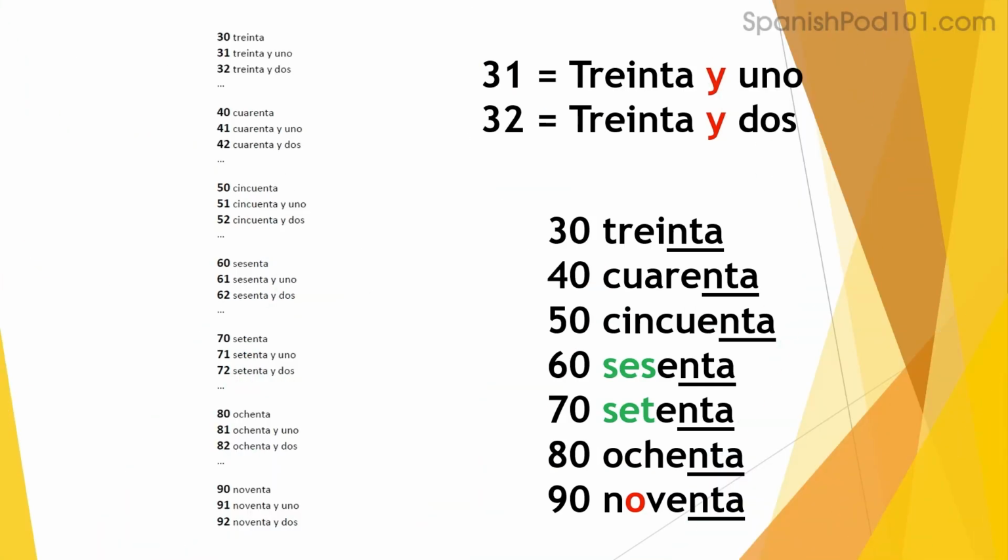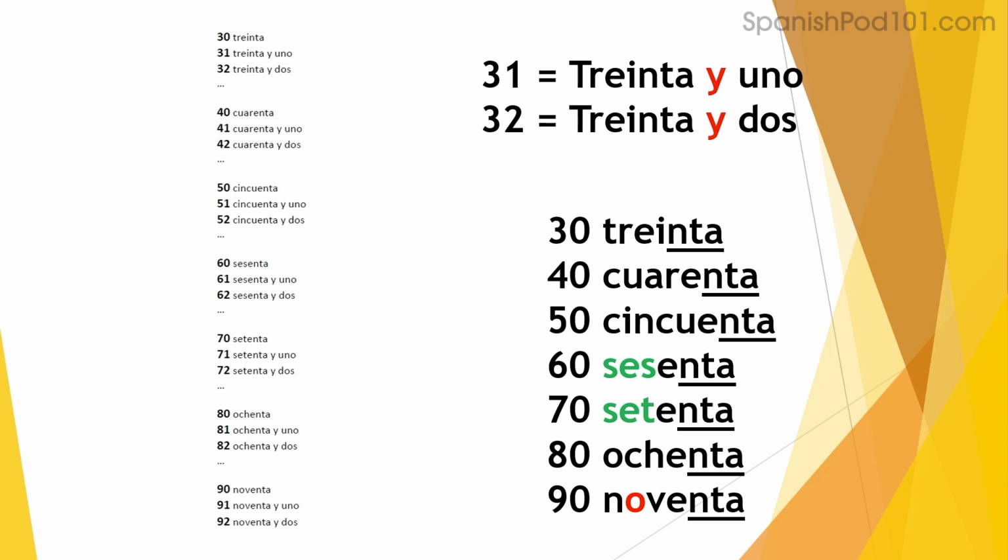I believe that from this point onwards, it gets easier to memorize the numbers in Spanish, because we are using the exact same structure I was mentioning before, 20 and 1, 20 and 2, etc. But this time we are not fusing or changing the words in any way. We have three words, and that's the way we write it, okay?